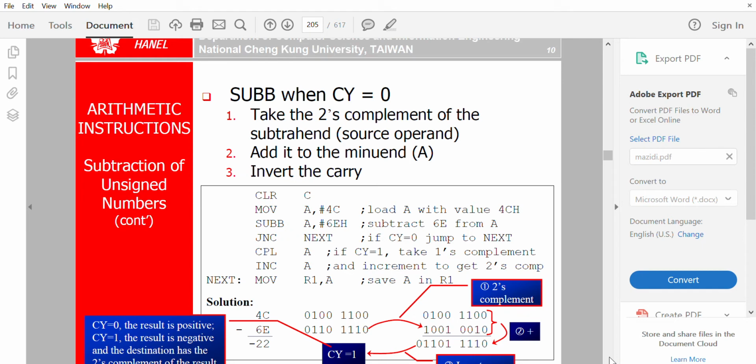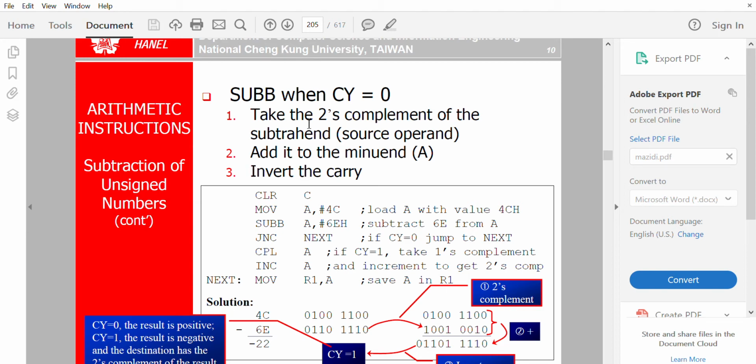So we are taking two cases: subtract when carry is equal to 0 and subtract when carry is equal to 1. When subtraction is done with carry equal to 0, these are the steps. First, take the 2's complement of the subtrahend.